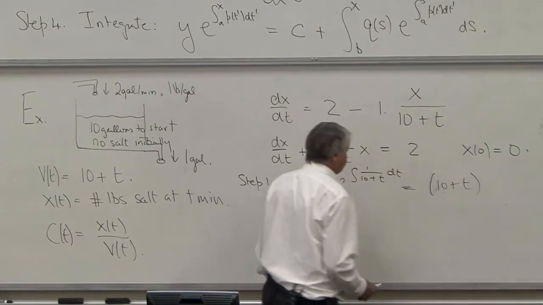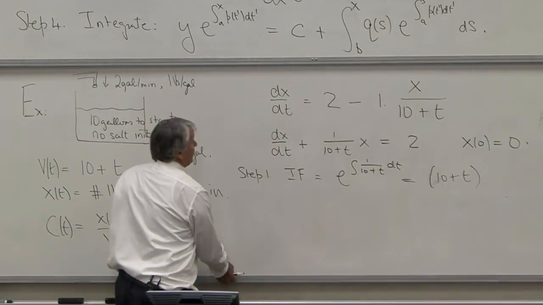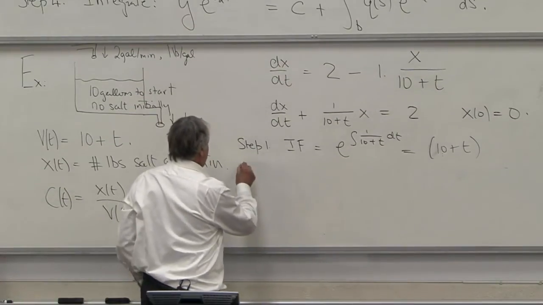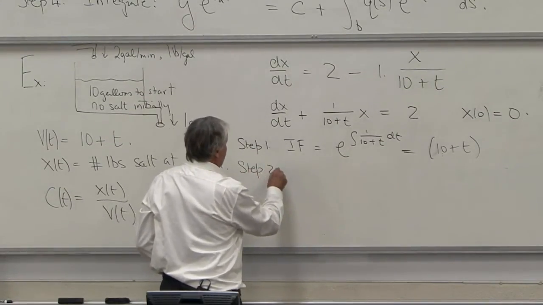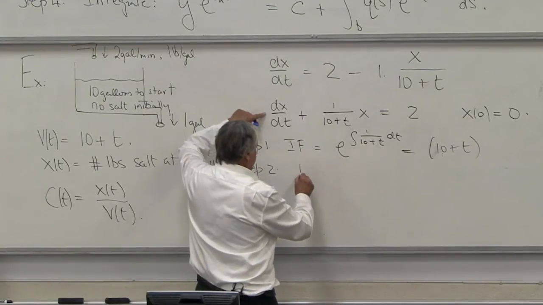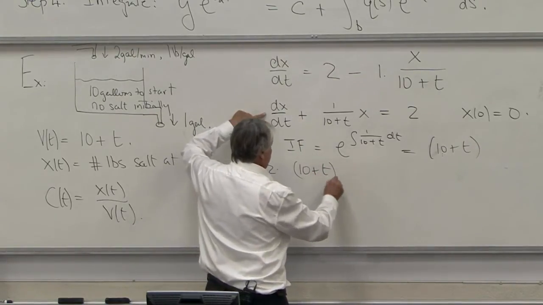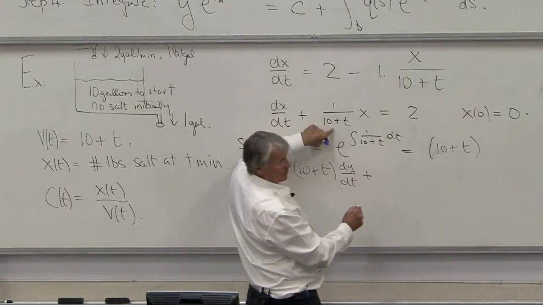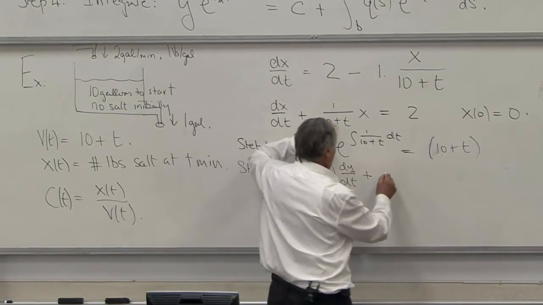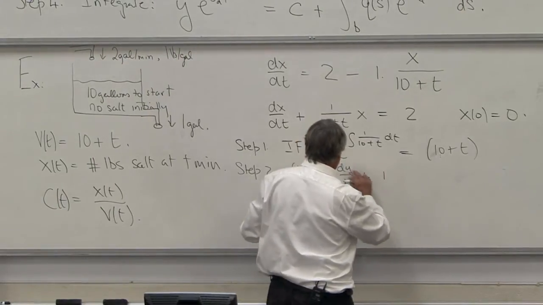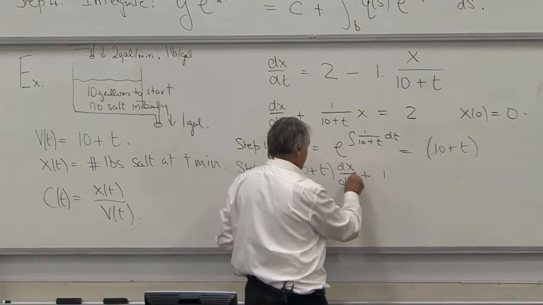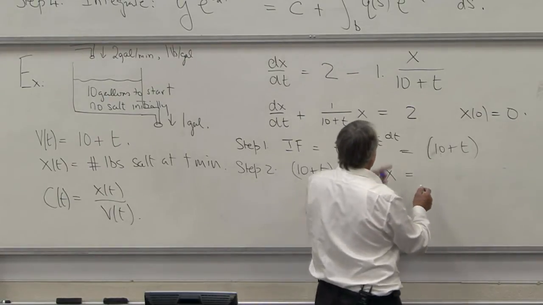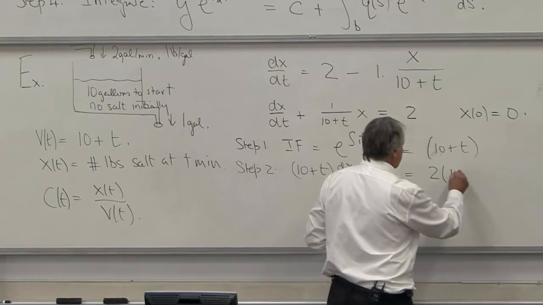Okay? So now I multiply across by the integrating factor. Step 2. 10 plus t times dx by dt plus 10 plus t times 1 over 10 plus t, which is 1, times x, equals, on the right hand side, 2 times 10 plus t.